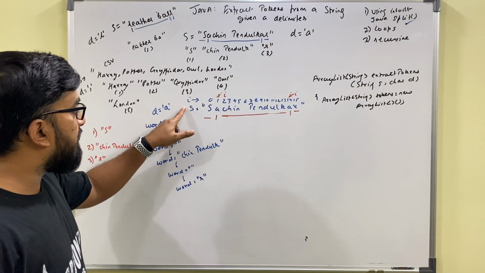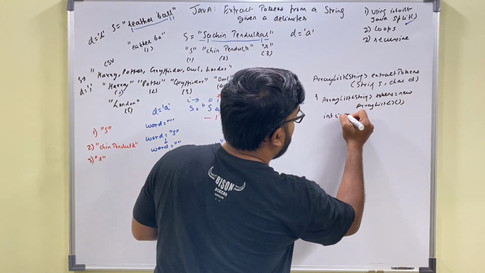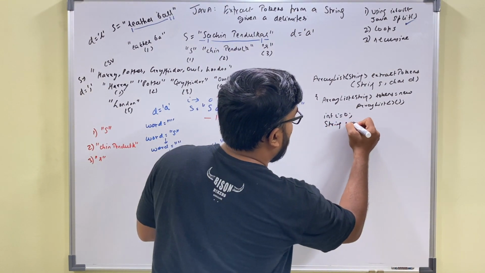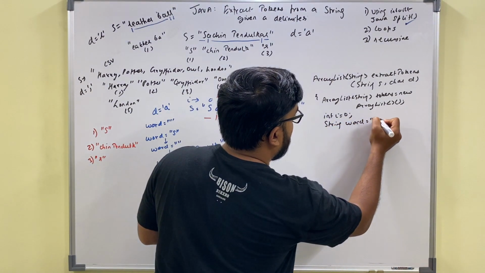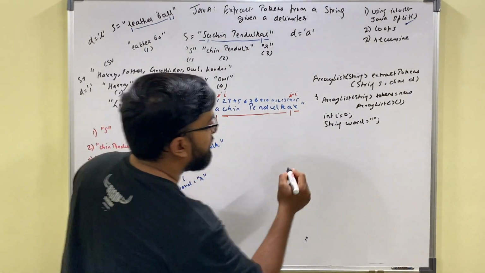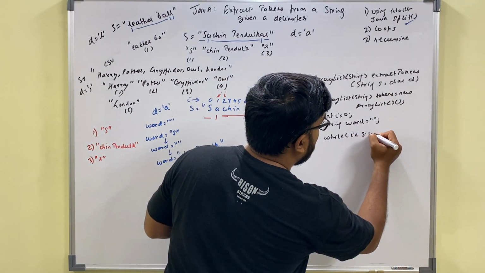In this case I had my index i starting at 0, and my word was blank, so I'll take a string word as blank. I iterate the string from left to right, so I say while i is less than s dot length.